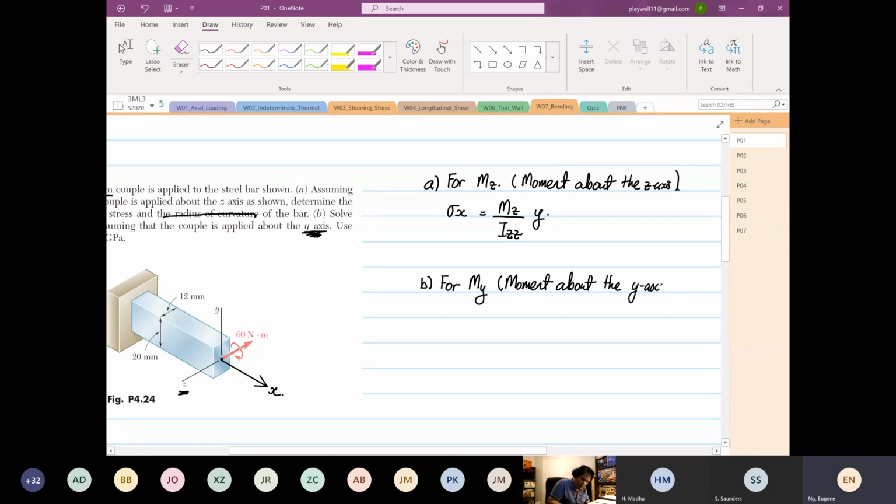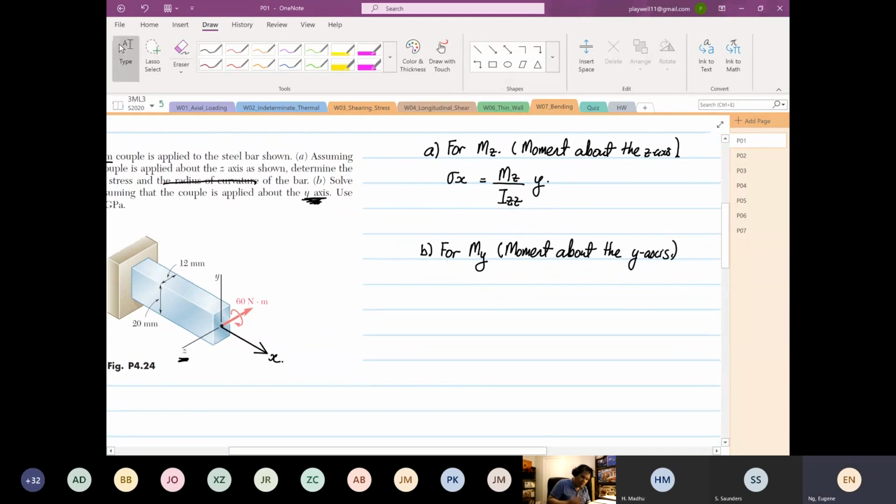Now, mind you, our stresses, the stress direction is still in the x direction. So stress x. So now this will be equal to My divided by Iyy multiplied by z.